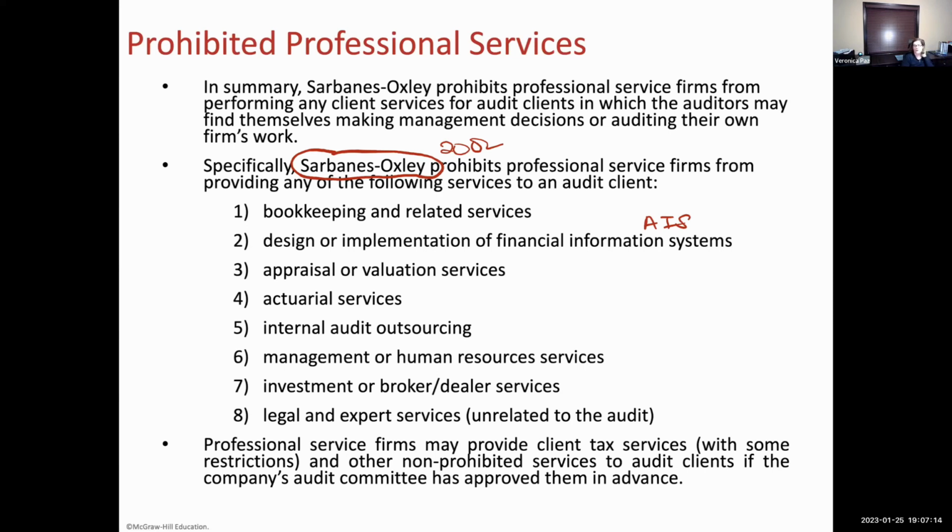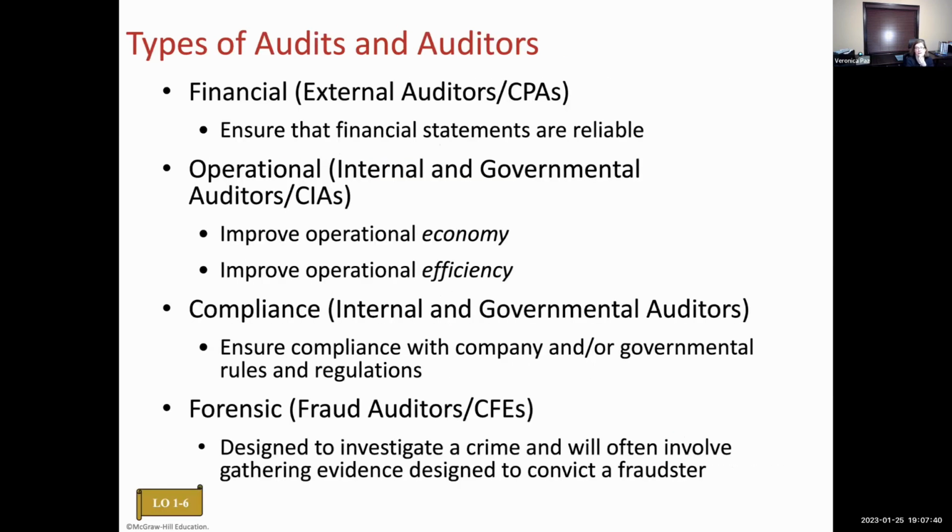We couldn't do actuarial services. Typically actuarial services are big in insurance companies, which is depressing, right? They try to predict when you're going to die so that way they can insure you. We can't be management, we can't be HR. So just think, the only things that we can do, as it says here, are tax services. So we can do audit and tax. But other than that, we can't do anything.